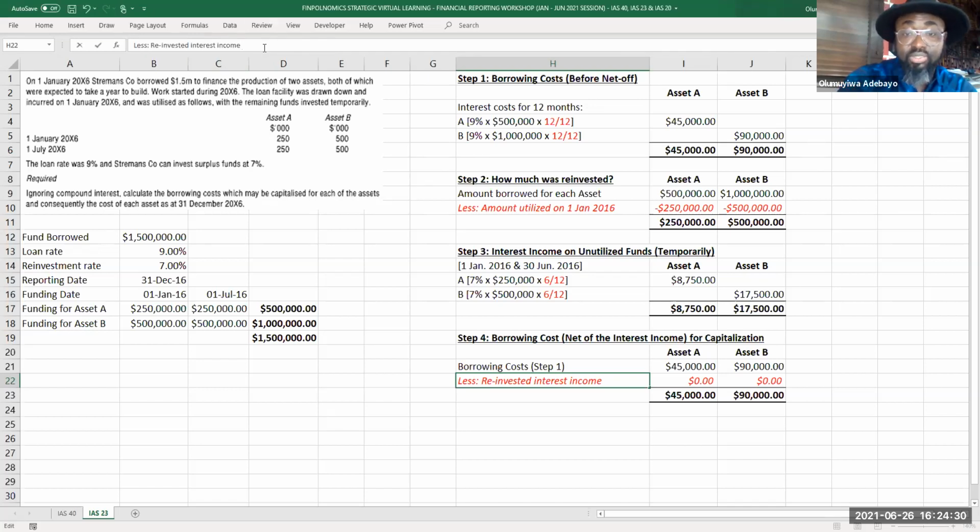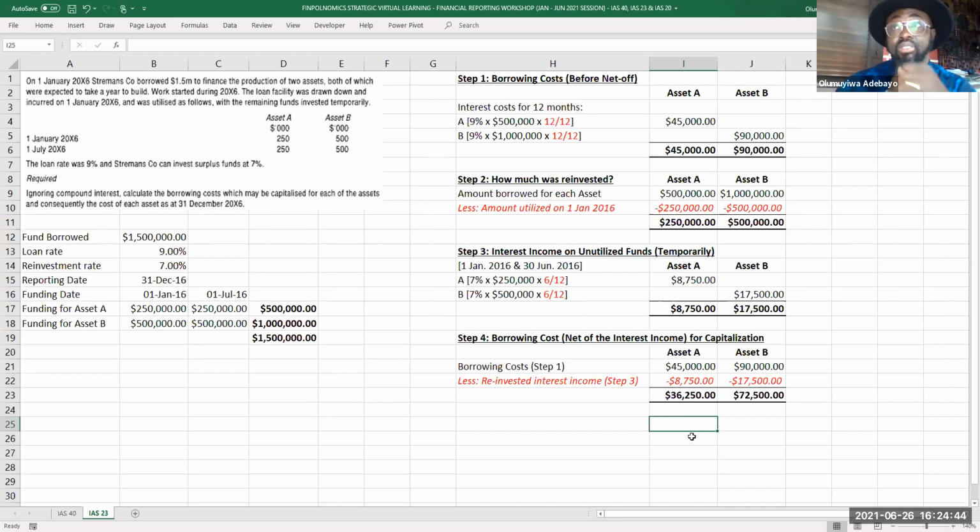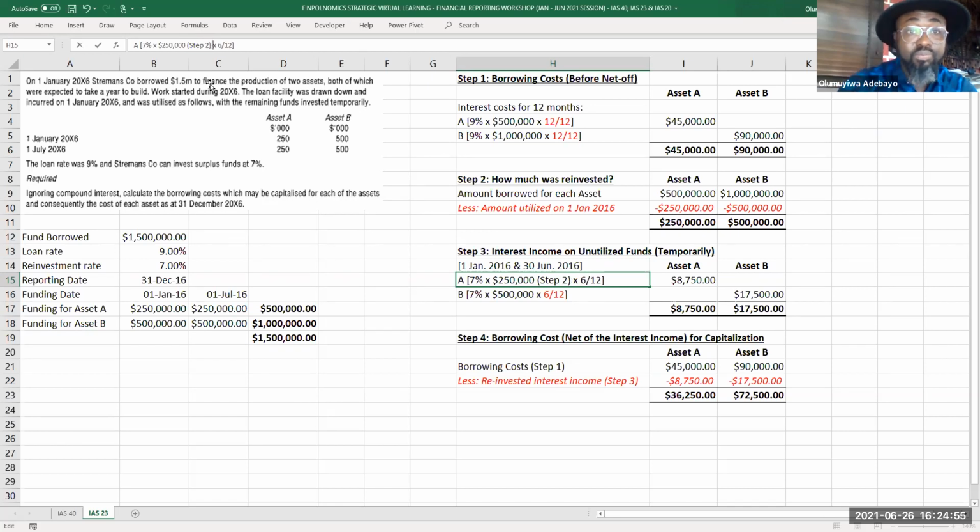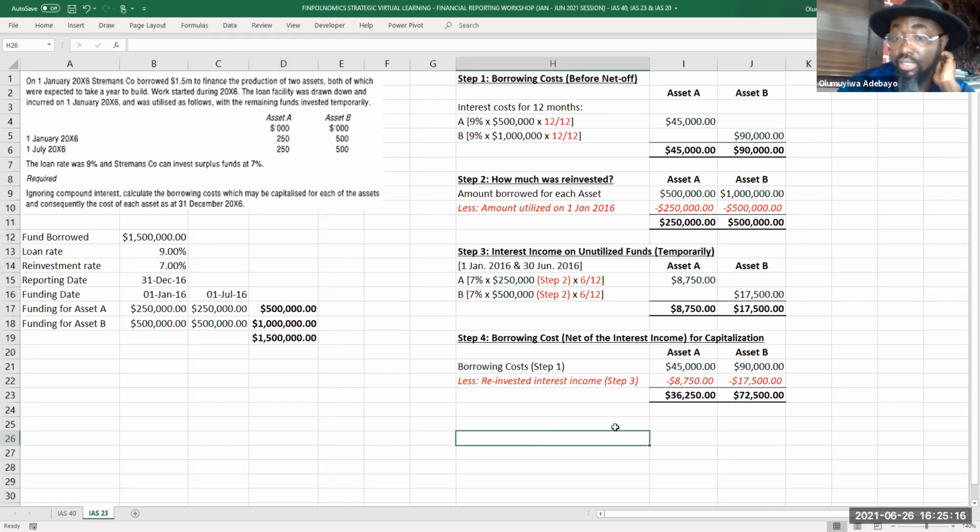And investment income, which is step 3. And that's it. Okay, invariably, now, remember, this 250 is coming from step 2. Let me emphasize it. And that is that. At the end of the day, we have this.